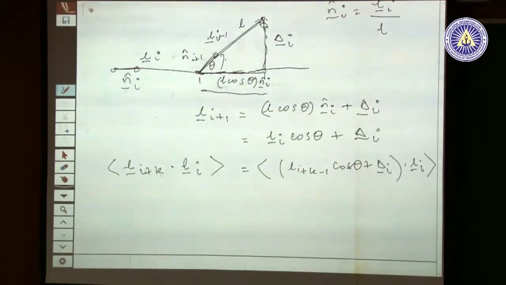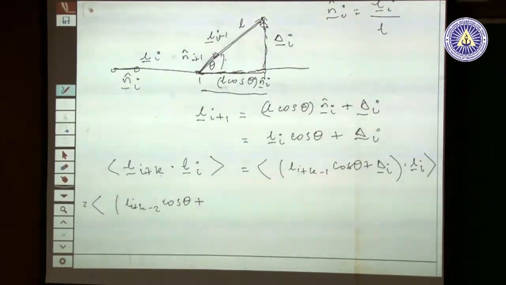And I could then expand Li plus k minus 1 in the same way, and I would write this as Li plus k minus 2 cos theta plus, oh, this is not delta i, it is delta i plus k minus 1. So let me write that.